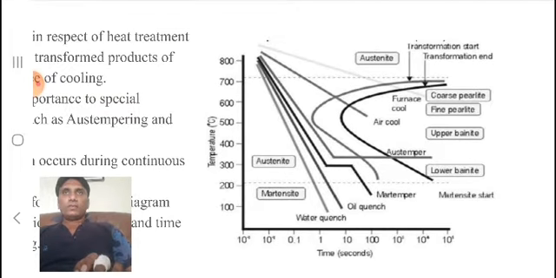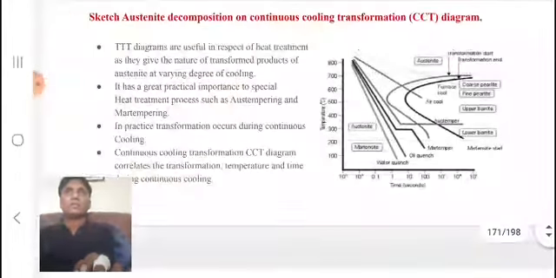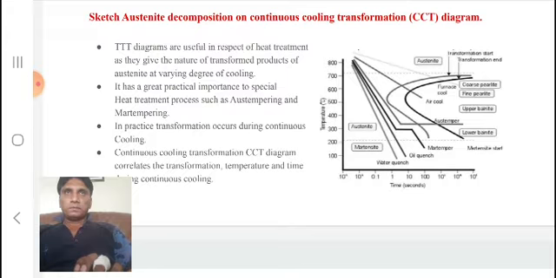Therefore we can get the same microstructure, whatever microstructure we get in the TTT diagrams, isothermal transformation, the same microstructure we can get even here, but not as accurate as the isothermal transformation process.